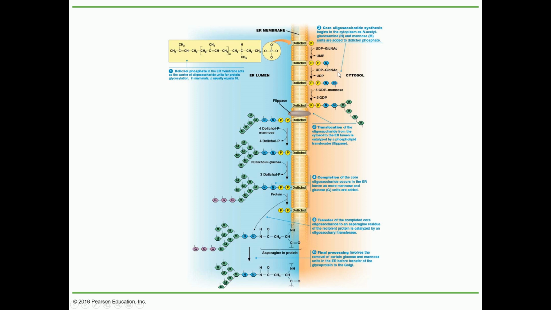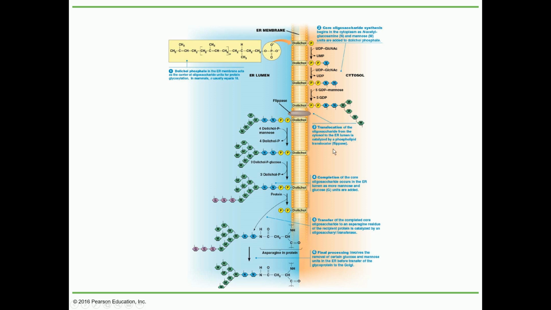They are added to the dolichol phosphate, which is a lipid embedded in the ER membrane. You can see N-acetyl glucosamine is added and these 5 mannose are added.